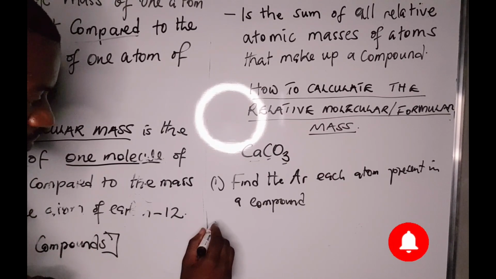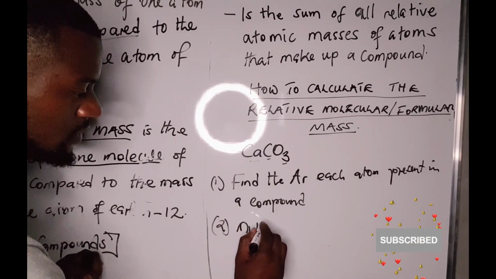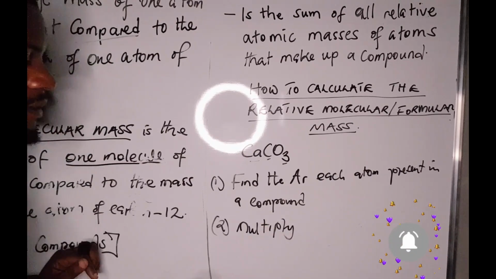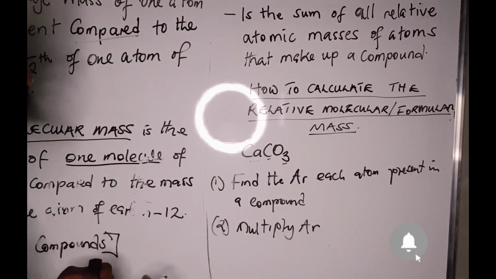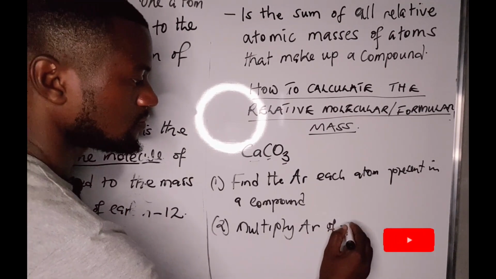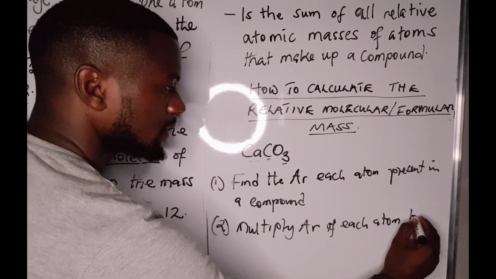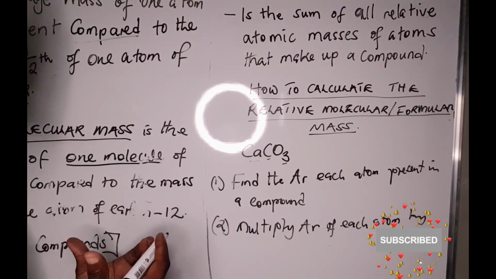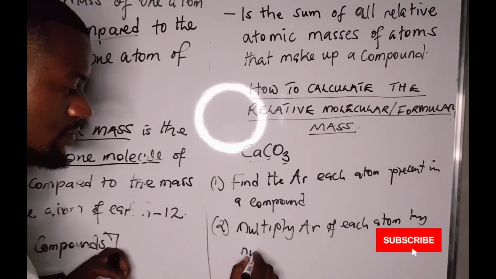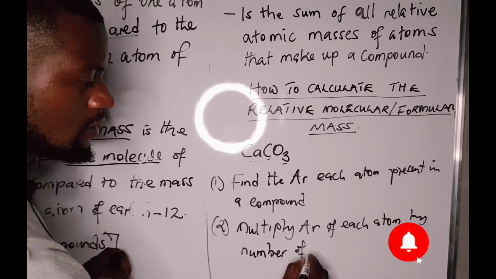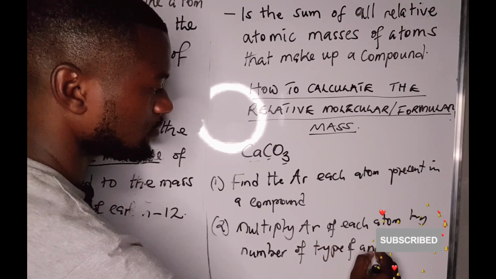Then after that, we multiply the relative atomic masses of each atom by the number of that particular type of atom present.